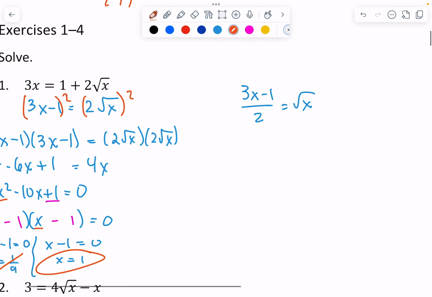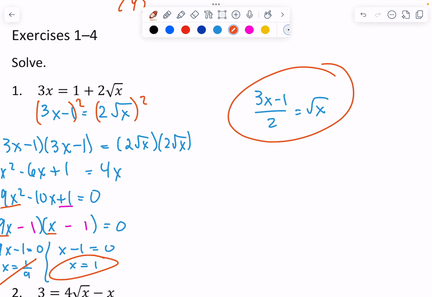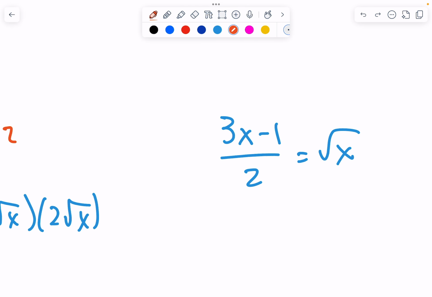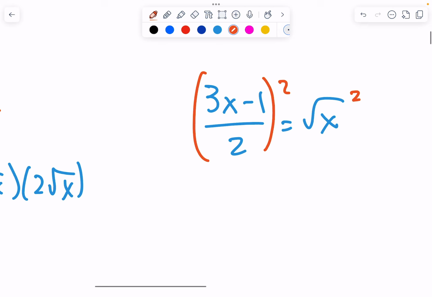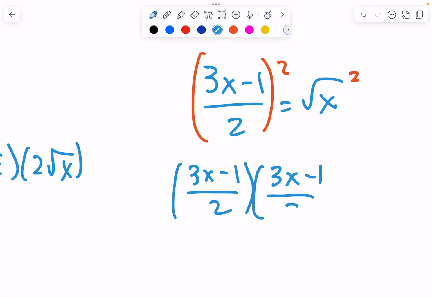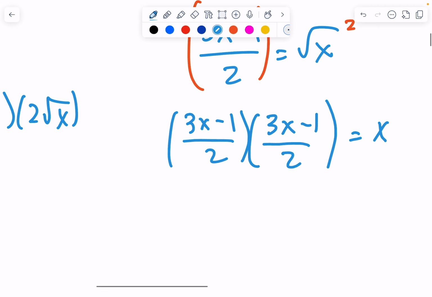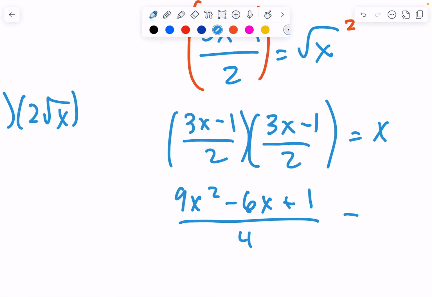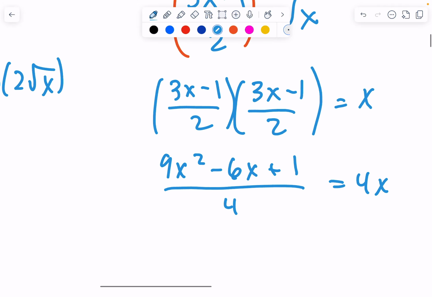Now I do want to show you how we could have done this problem this way. So at this point, I would square both sides, and that means in the numerator, I have 3x minus 1 over 2, 3x minus 1 over 2, and x. I already did 3x minus 1 times 3x minus 1. We know that's 9x squared minus 6x plus 1 over 2 times 2 is 4, so 4x.